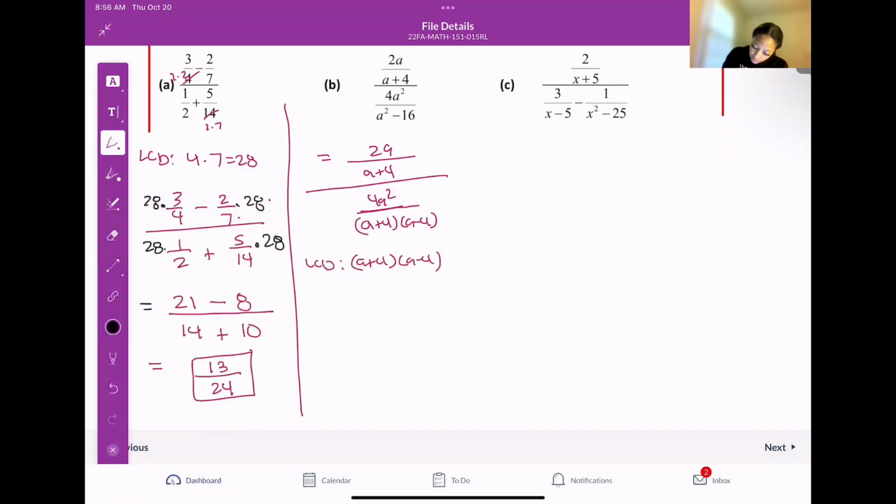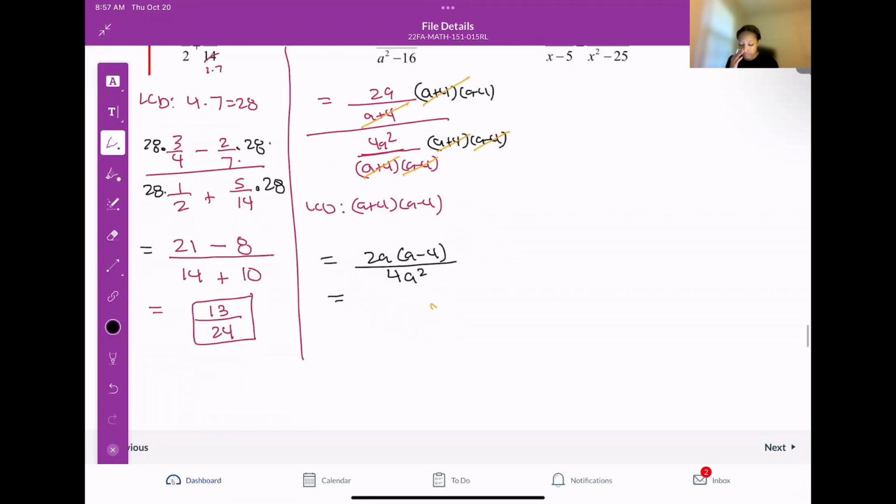If we multiply the numerator by this and multiply the denominator by a plus 4 times a minus 4, wonderful cancelizations happen. This a minus 4 cancels with this one. This entire denominator cancels with these. And then in the numerator, we're left with 2a times a minus 4. And in the denominator, we're left with 4a squared.